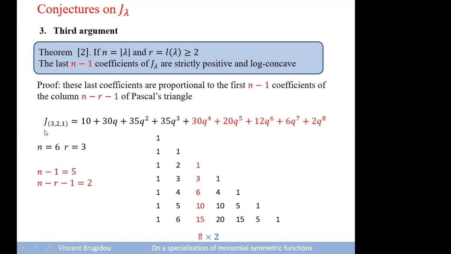Take this polynomial as an example. We have this and this. So the number of coefficients to compare is 5, and the column number is 2. We check that the 5 coefficients here are equal to the 5 coefficients of the column 2, 0, 1, 2, multiplied by a number.